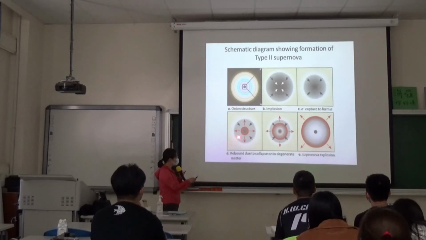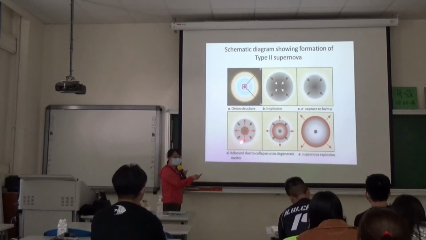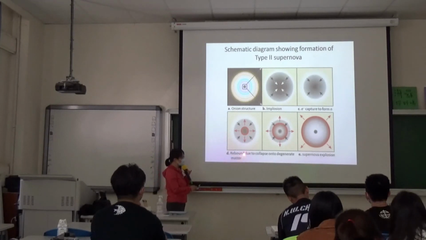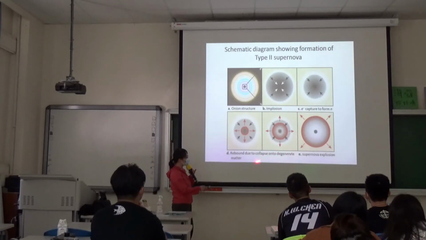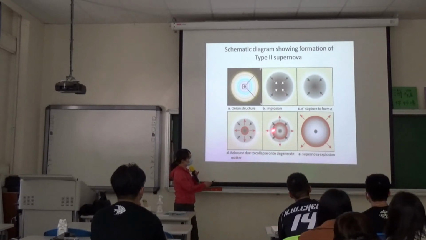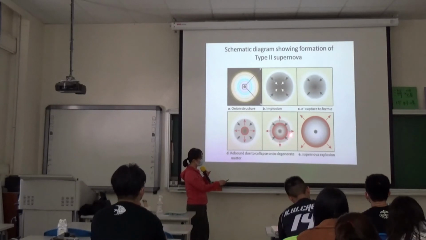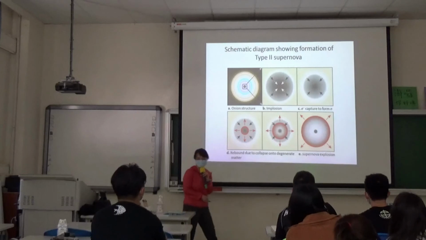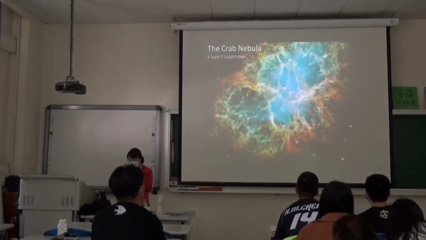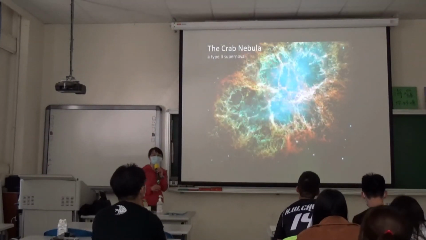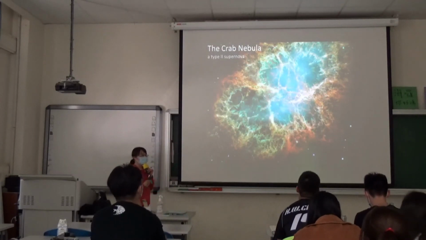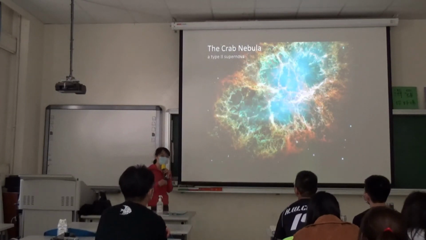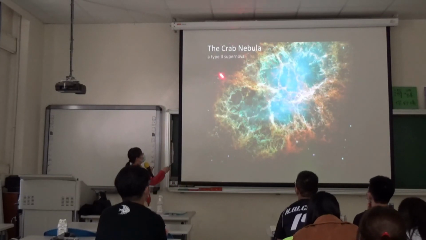When additional material continues to collapse on the core, it will bounce back. So we call it rebound, due to collapse onto degenerate matter. And then there will be shock waves. And at the end you will see the supernova explosion. And this is an example. This one has been documented by ancient Chinese historians or something. Crab nebula.